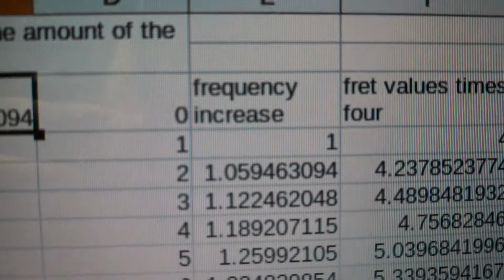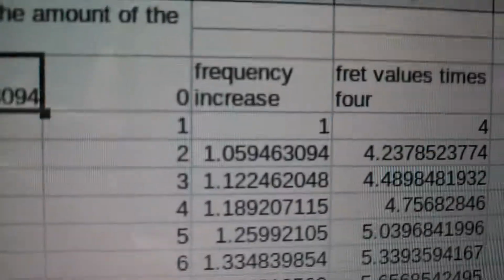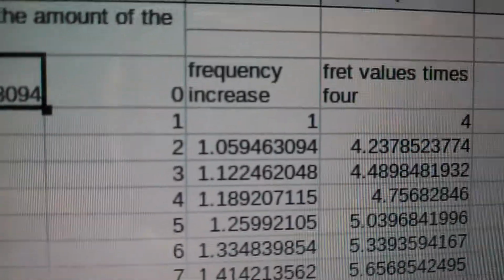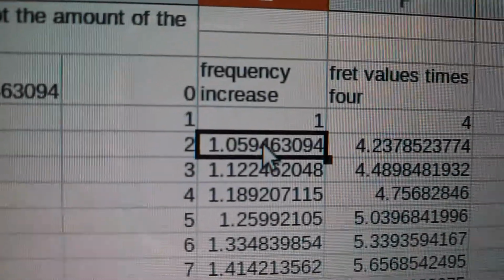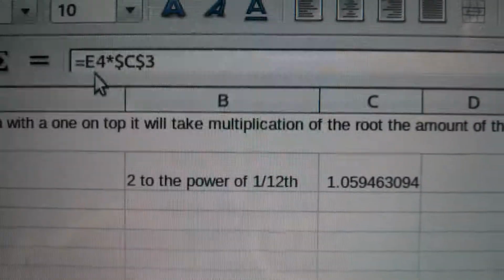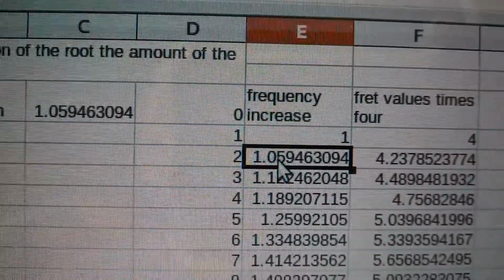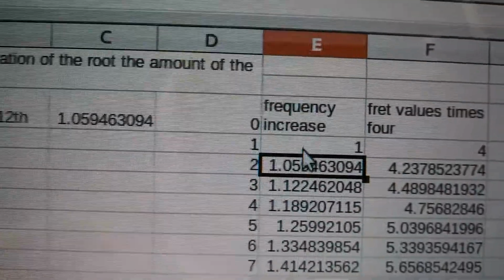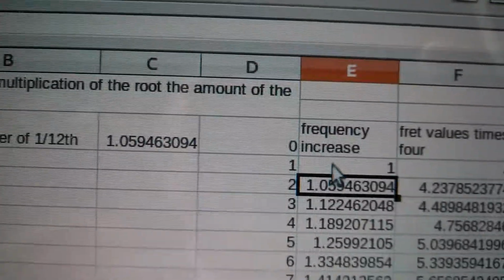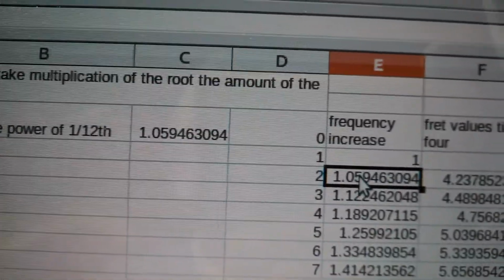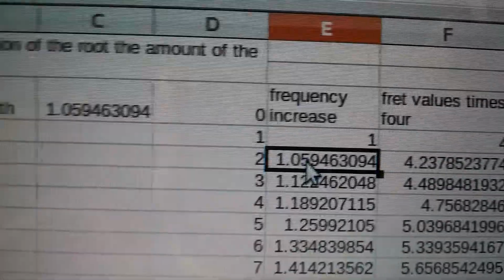So here I've got the spreadsheet, it uses this number here, starts with 1, and if I click on this I can show you the formula that goes in the spreadsheet. See, that's the cell E4. This is actually cell E5. It takes the number in the cell above it and multiplies it by 1.059.